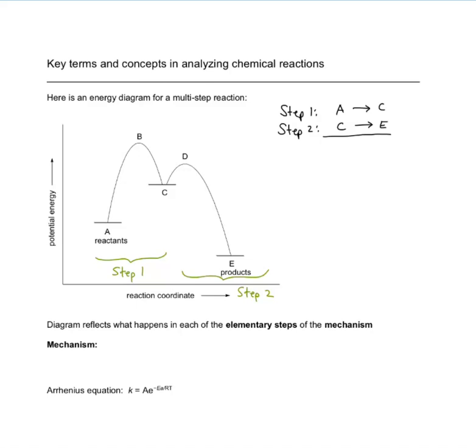So we can add them together. When we do that, C appears on both sides, and so it cancels. And what we're left with is A going to E, which is the overall reaction.